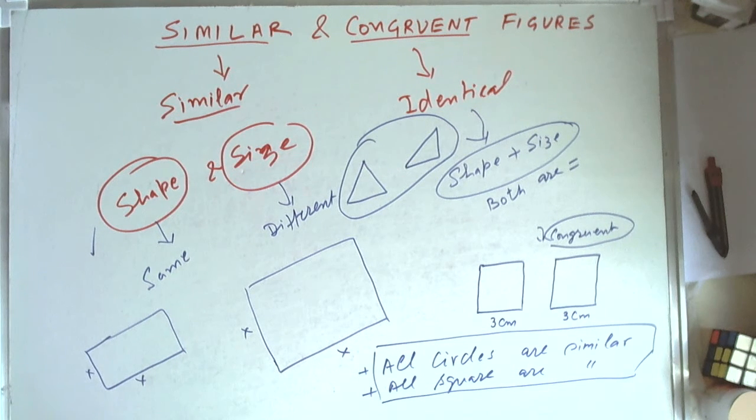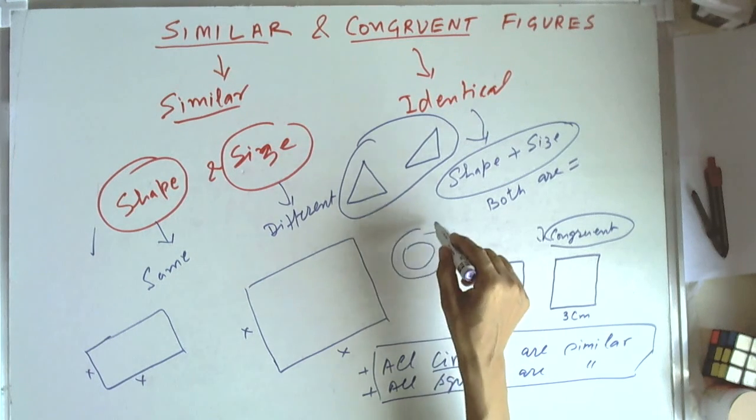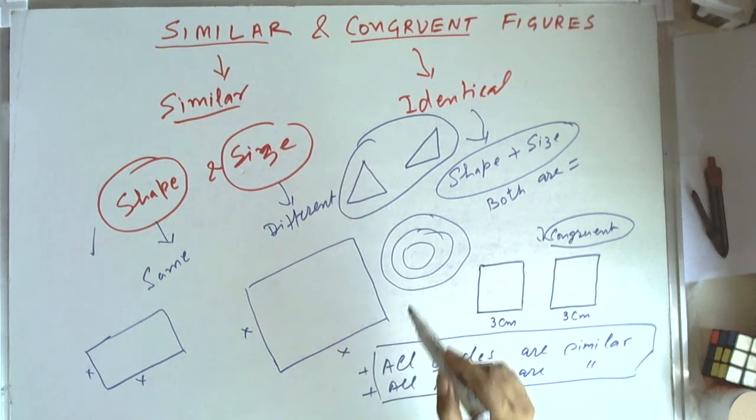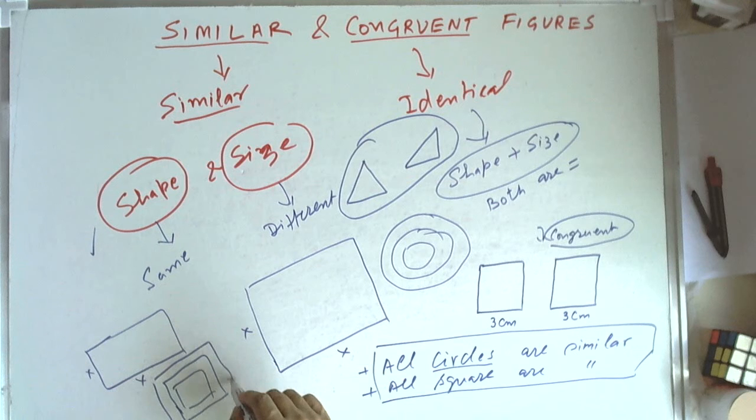So all triangles are not similar, but all circles, smaller circle, bigger circle, whatever it is, are having the same shape. Similarly, all squares. You have one square and then you make a bigger square, and then another bigger square.